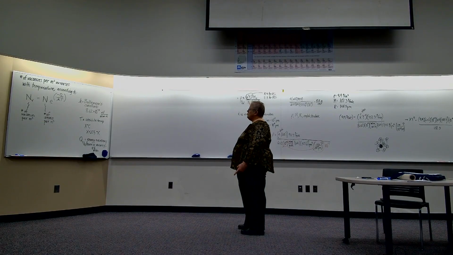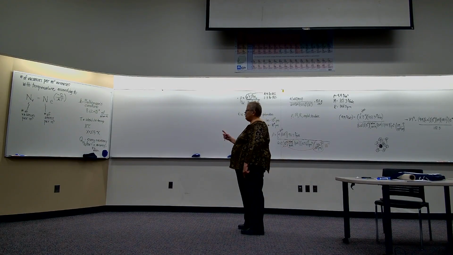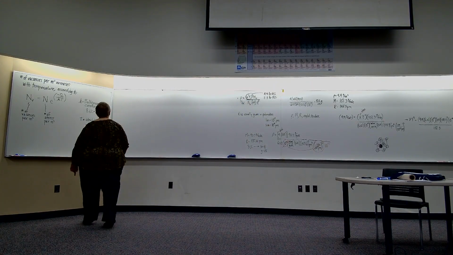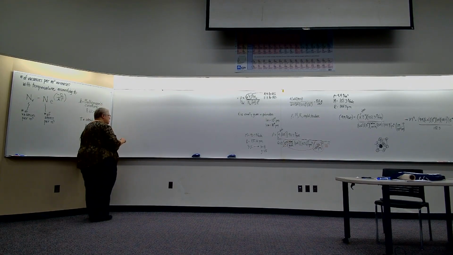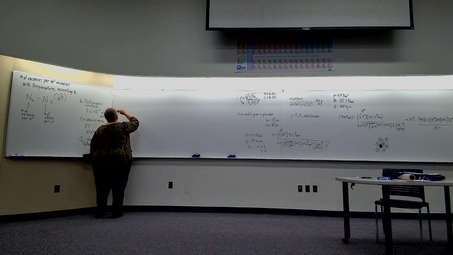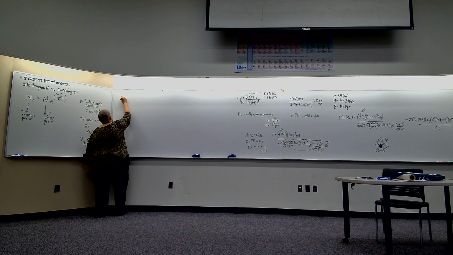So, in order to calculate the number of vacancies per cubic meter, I have to know the number of atoms. So I need an equation for that. The number of atoms per cubic meter has got to be related to density, because that's mass per cubic meter. If I have density in grams per cubic meter, I want to turn the grams into the number of atoms, so I can use the atomic mass in grams per mole.